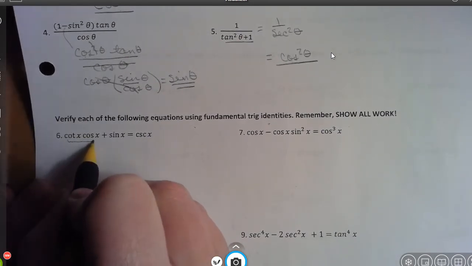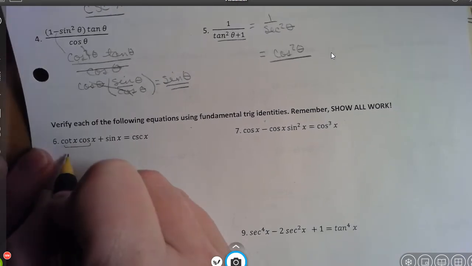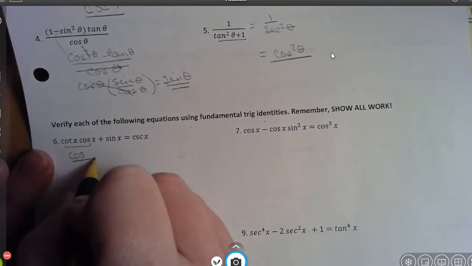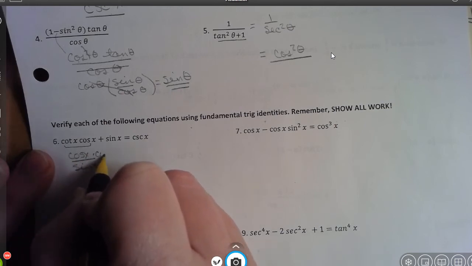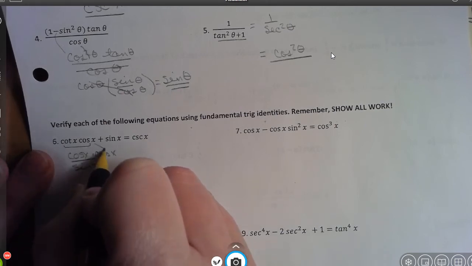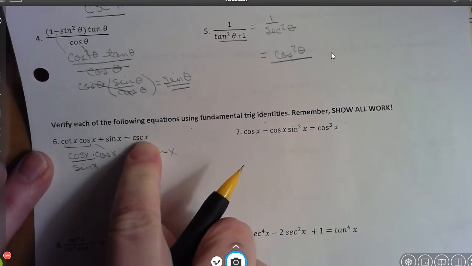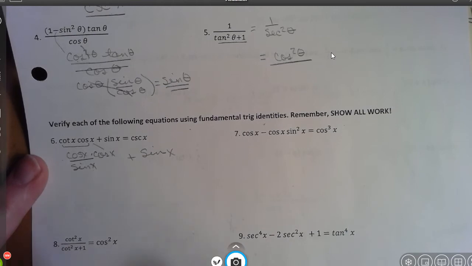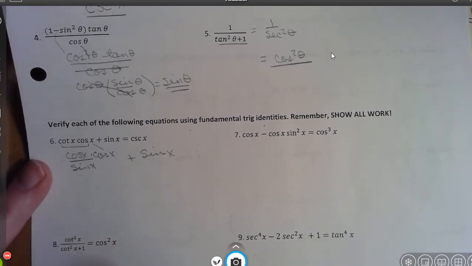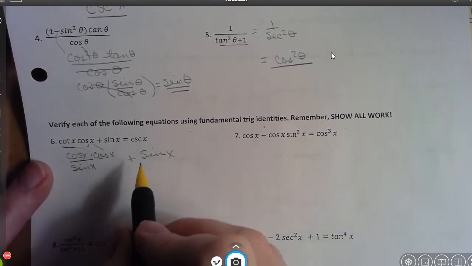All right, so first one, cotangent is cosine over sine times cosine plus sine. Now I'm working toward cosecant, which means that's a sine. That means I have 1 over sine there, okay?